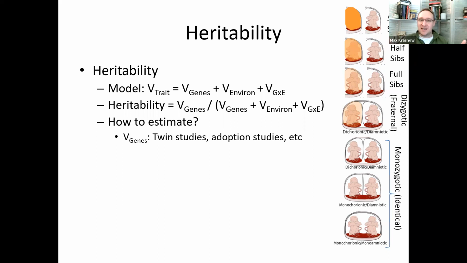You can just look to see who has black hair, who has blonde hair, what's the variability across the population. And so given that you have variance in the trait and variance in genes, you can just treat these other terms as basically being error. That's the rest of the variance that you're not trying to explain most of the time.